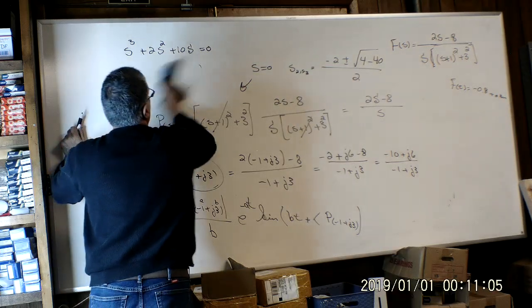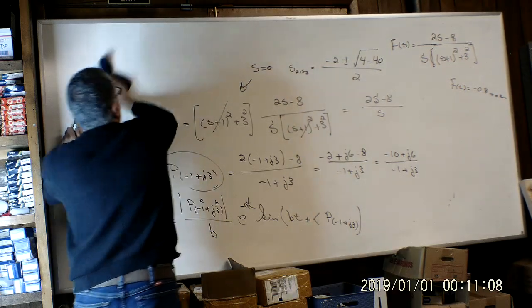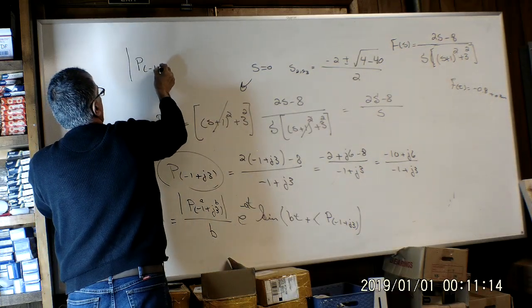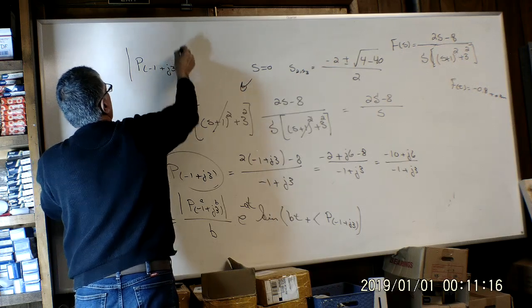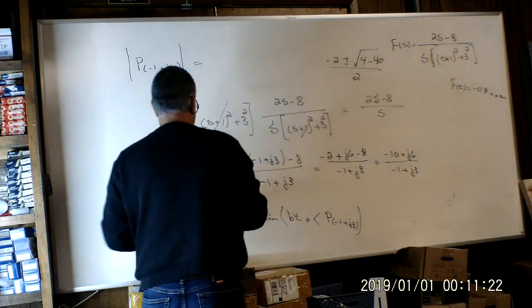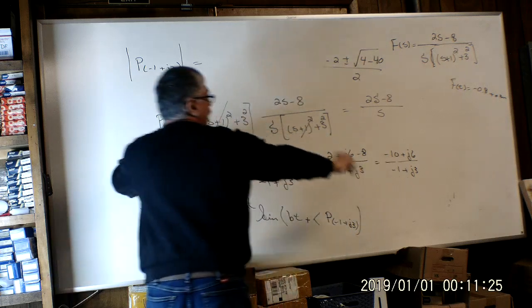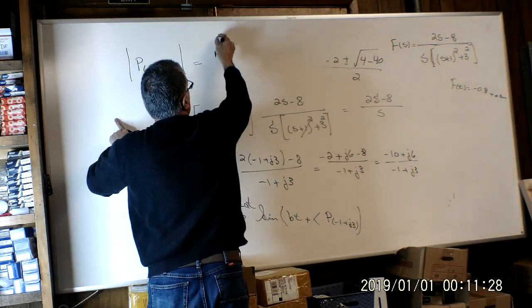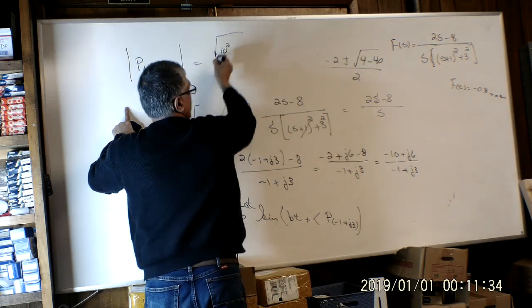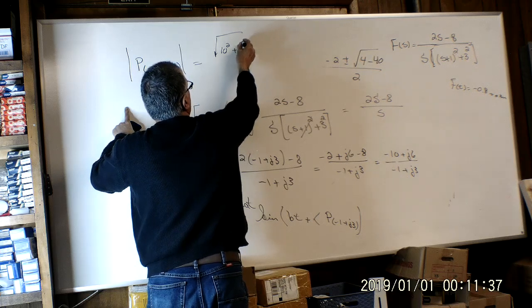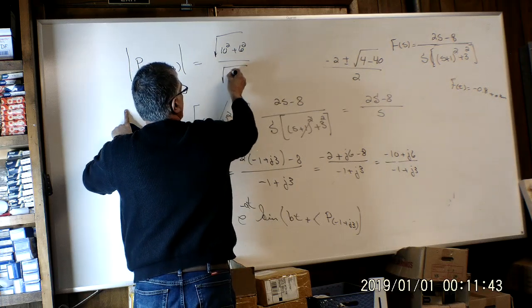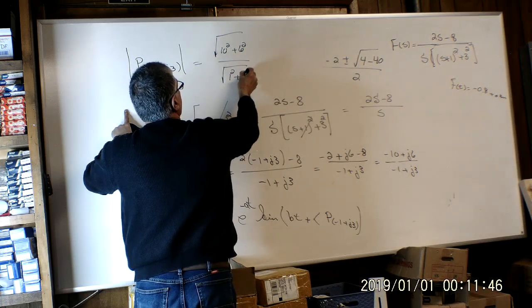The magnitude of p minus 1 plus j3 will be equal to the magnitude of the top, which is the square root of 10 squared plus 6 squared, divided by the square root of 1 squared plus 3 squared.